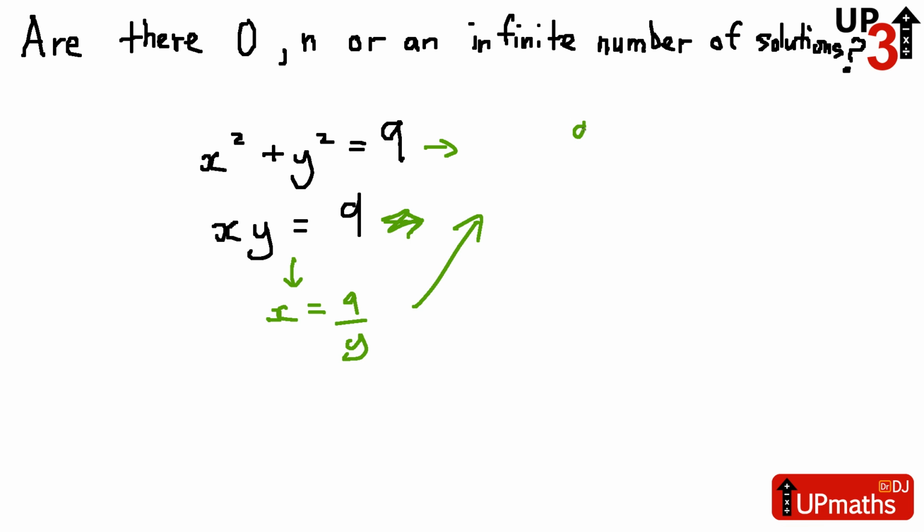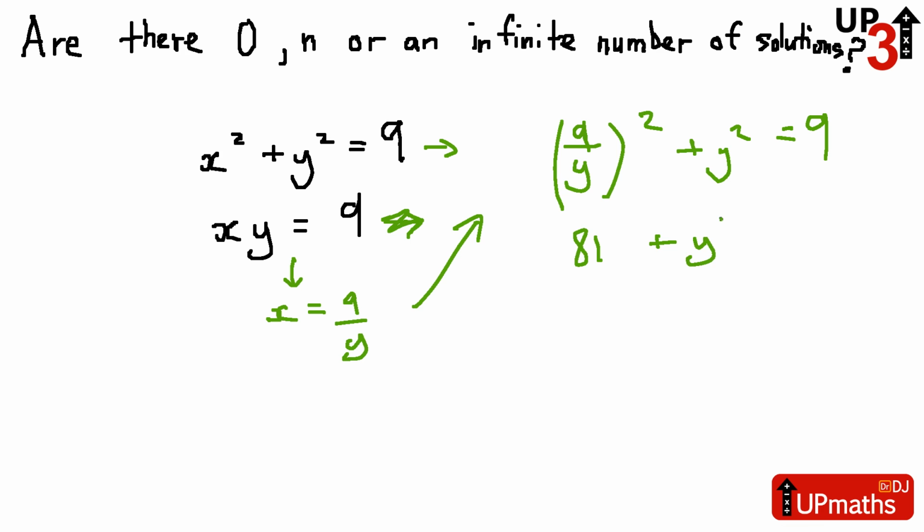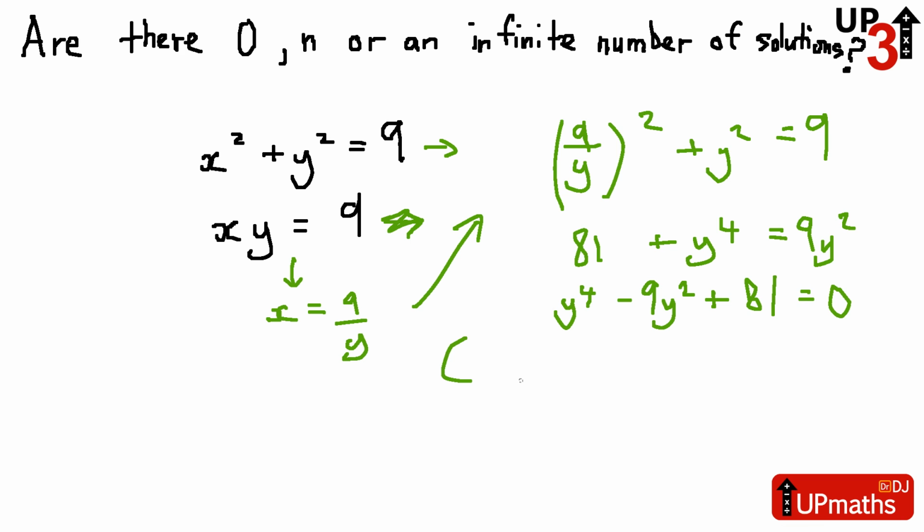So we get 9 over y squared plus y squared equals 9, which means 81 plus y to the 4 equals 9y squared, which means y to the 4 minus 9y squared plus 81 equals 0. I wonder if this will factorise.